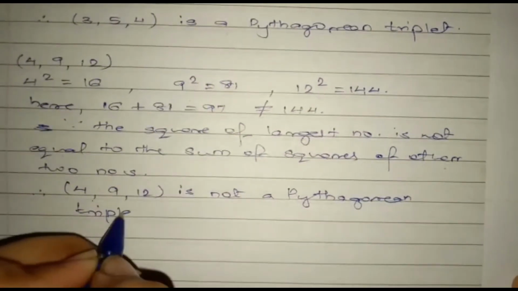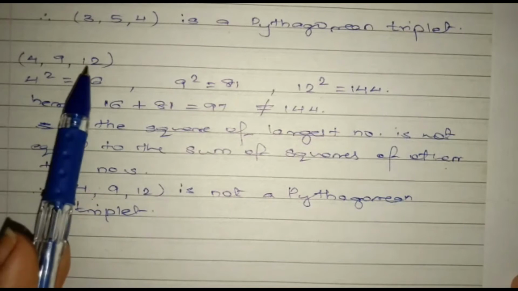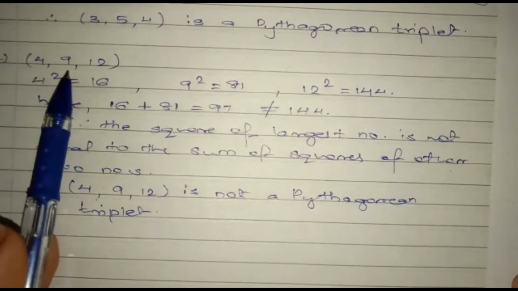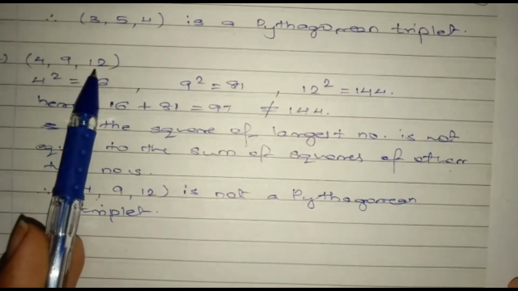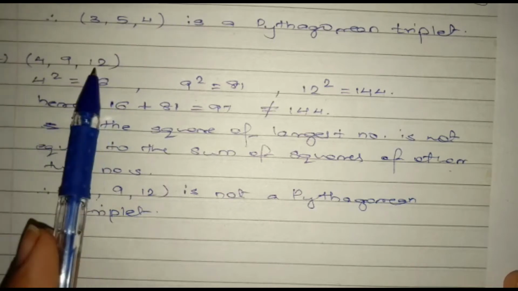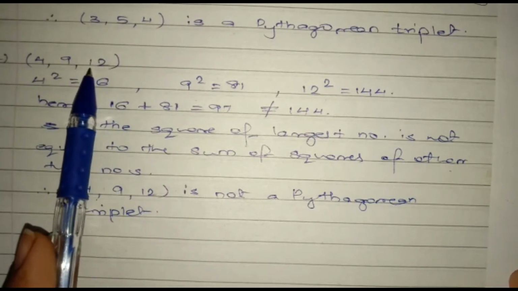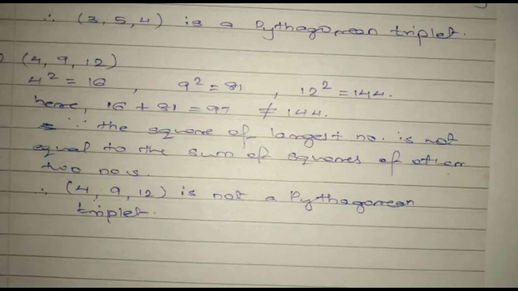Okay, since the sum of the squares of these two numbers is not equal to the square of the largest number, therefore this set is not a Pythagorean triplet. So in every sum you have to follow the same procedure. If the square is equal, then only it is a Pythagorean triplet, or else it is not a Pythagorean triplet.